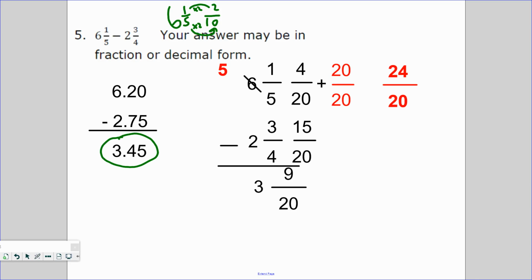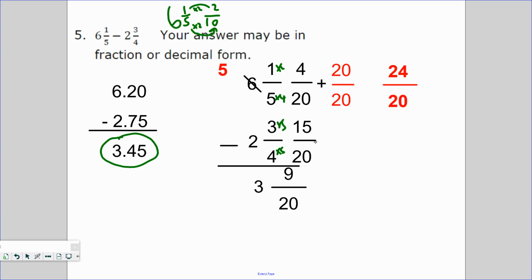So now in this one, what if you prefer to use just regular subtraction? 6 1/5 minus 2 3/4. Do these have a common denominator? What is it? 20. So how do you build a 5 to a 20? Times 4 times 4, 4/20. How do you build a 4 to a 20? Times 5 times 5, 15/20.